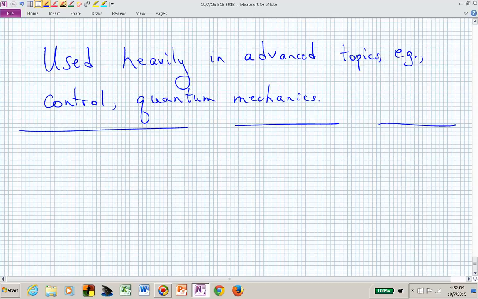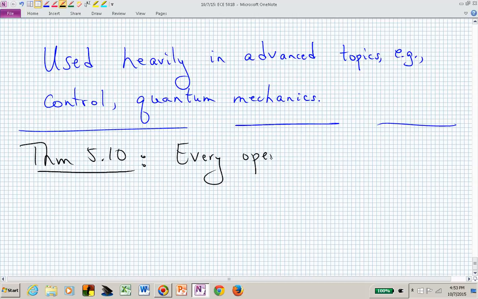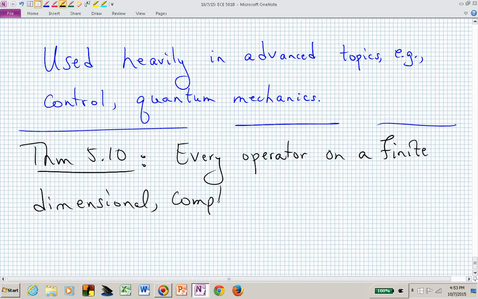Here's a theorem. Theorem 5.10. Every operator on a finite dimensional, and now this next word you can't leave out, complex vector space.